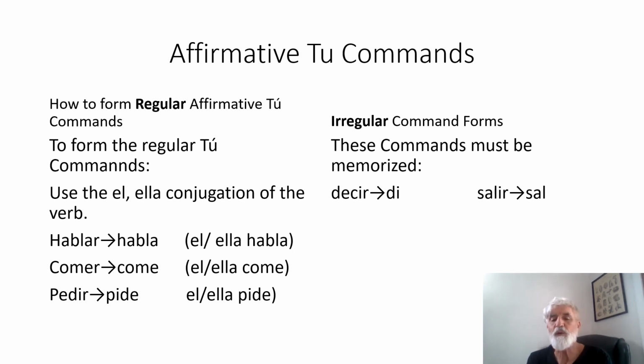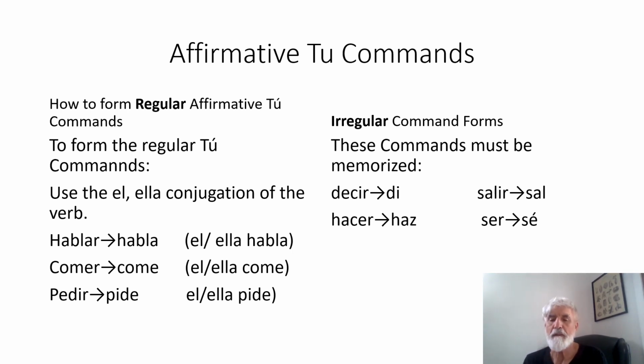Salir, the verb to leave or go out. It's not sale, it's sal, sal de la casa, leave the home. Hacer is another irregular command form. Make the coffee. You tell your sibling, make some coffee, you would say, haz el café. Not hace, but haz.